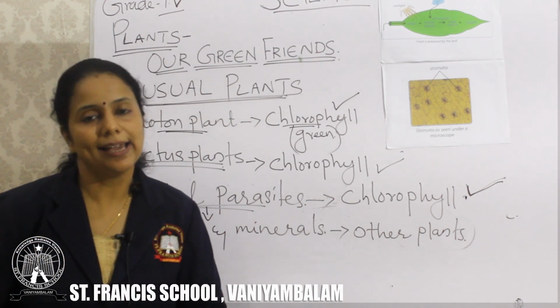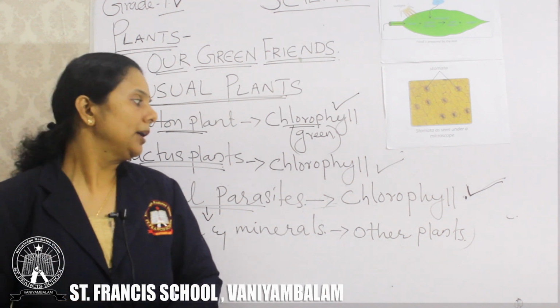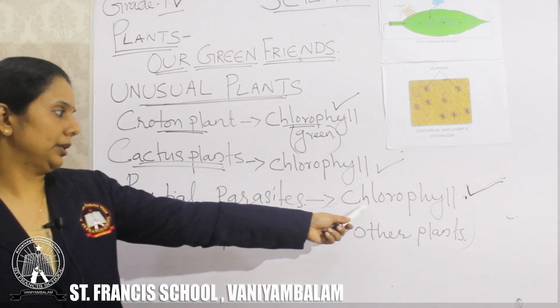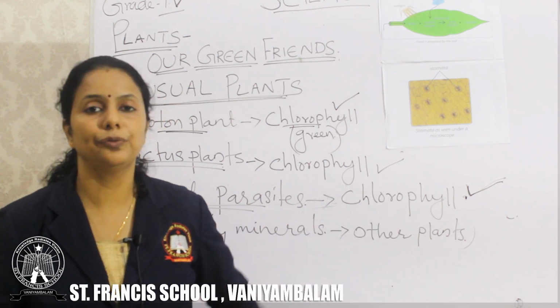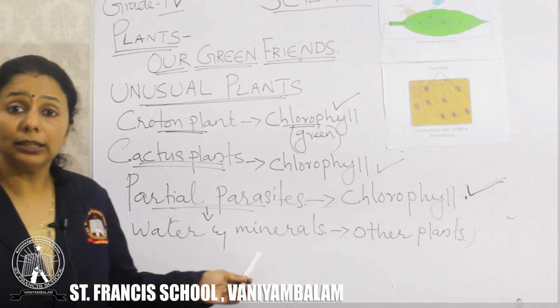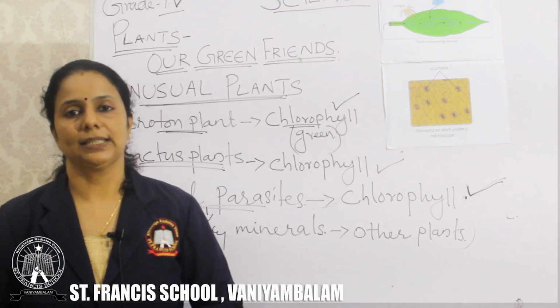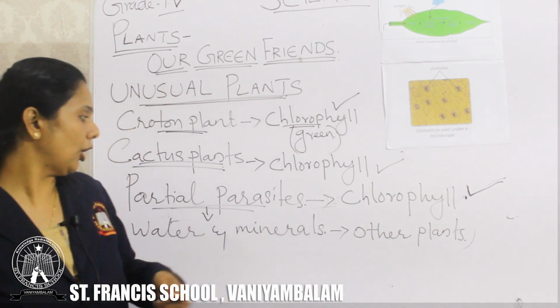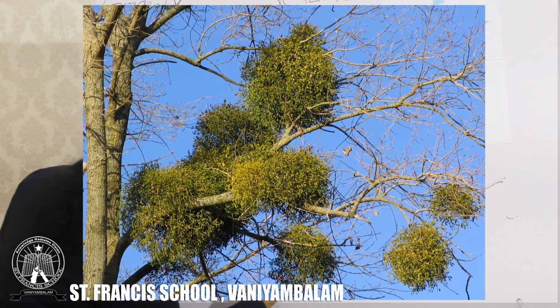That is why they are called partial parasites. They are not completely parasites because they can produce their own food by photosynthesis using chlorophyll. But they take water and nutrients from other plants. That is why these plants are called partial parasites. An example is mistletoe.